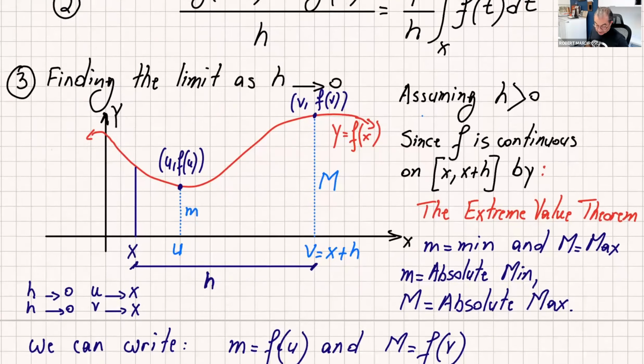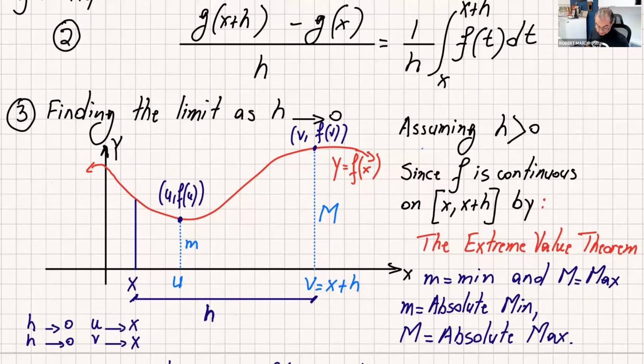The other thing that I want you to notice in this case is that for m, the x value I called u, and for big M, the x value I called v. As h approaches 0, u is going to approach x.